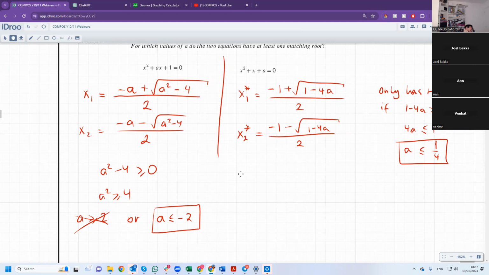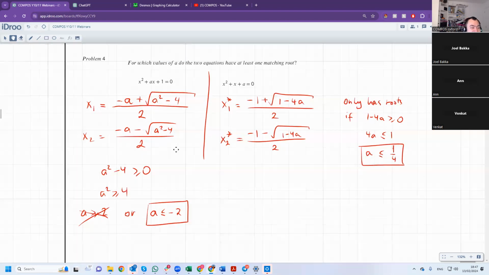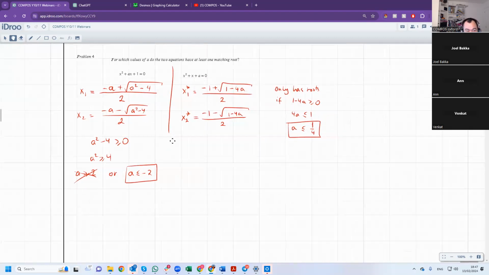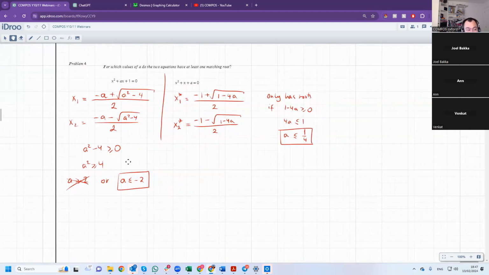This one, we don't know. You could do a lot of interesting things here, although it will get really complicated if you try to keep in your head what the possible values of a are. Okay, so lots and lots of things to consider here.